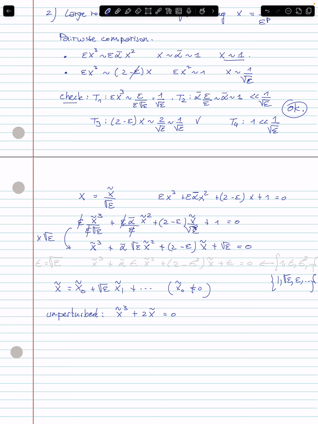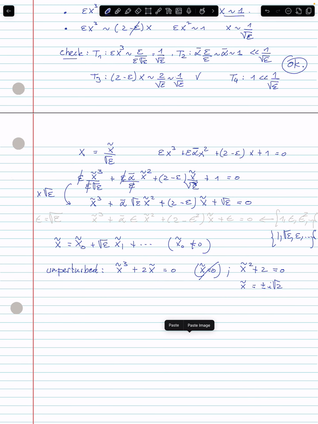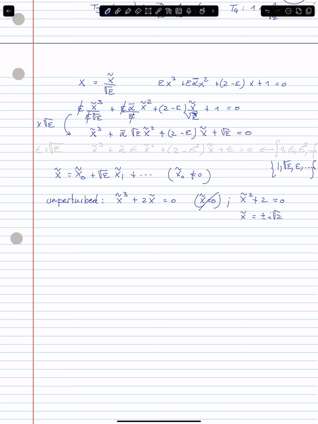So we'll have x tilde equal to 0, which is something we are not interested in, otherwise we would not have a rescaling. And so it means that the unperturbed solution is x equal to plus or minus i times the square root of 2. All right, so complex imaginary numbers. Okay, easy, and we have two roots, so we are happy. It means that this is the only rescaling we have to consider. If you had obtained here just one root, then it means that we would have to find another rescaling.